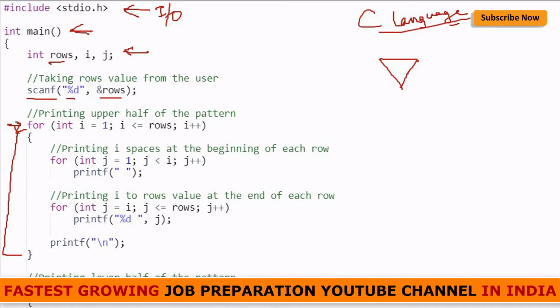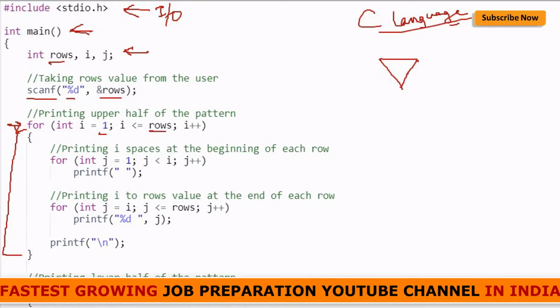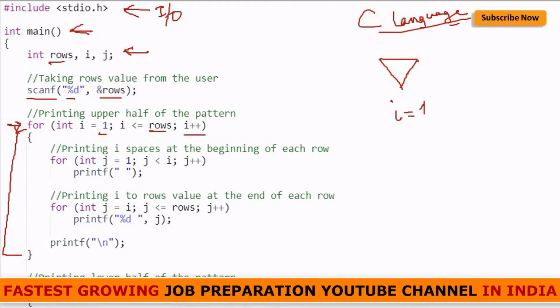The for loop starts from i equals 1 and i will go up to i less than or equal to rows, and i will increase by 1 at a time. For the first time i will be 1.